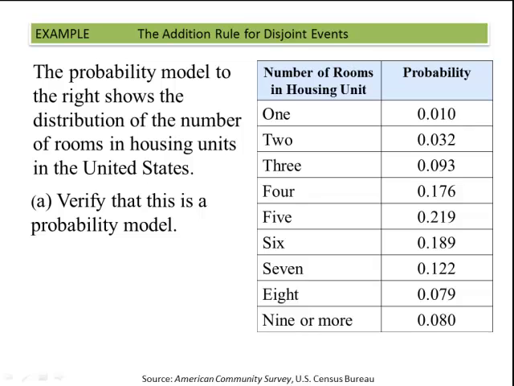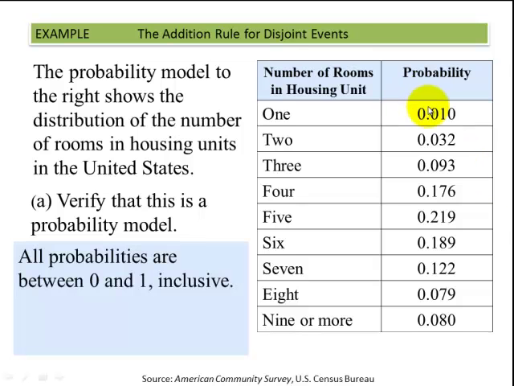Let's look at an example. The probability model to the right shows the distribution of the number of rooms in housing units in the United States. A, verify that this is a probability model. We have to make sure that each probability is between 0 and 1, which works, and then we need to check to see if the sum of these equals 1, and it does. So we verify that this is a probability model.